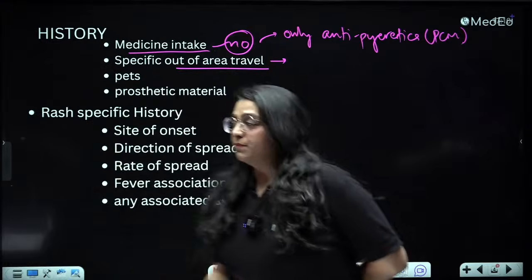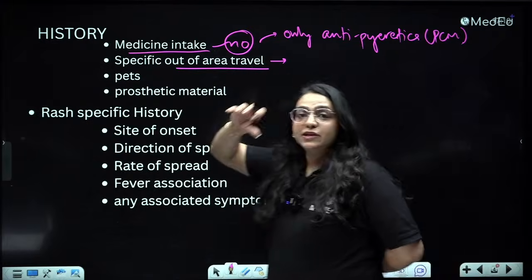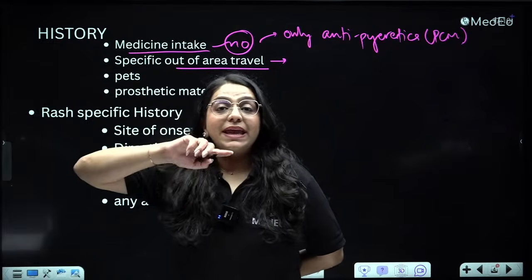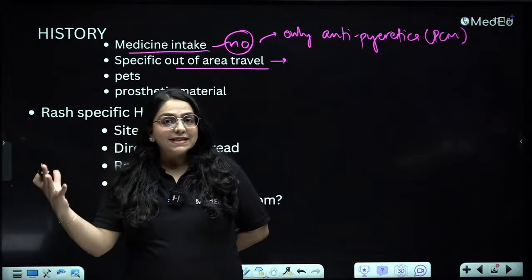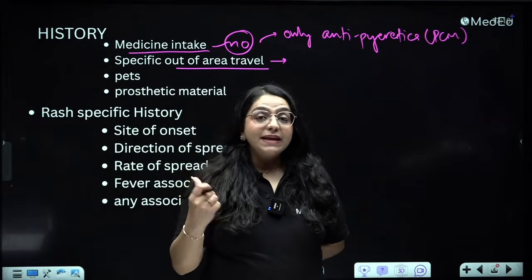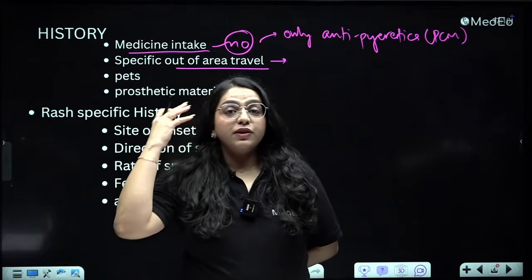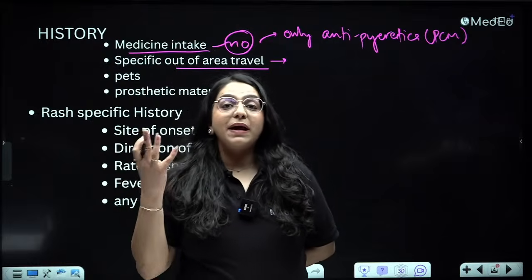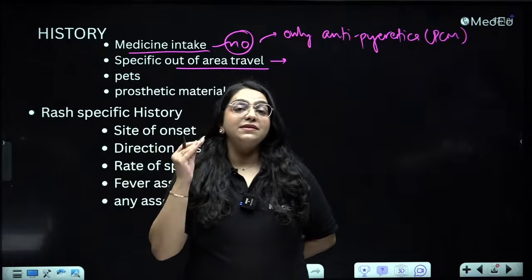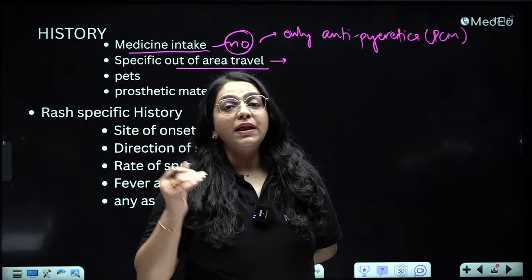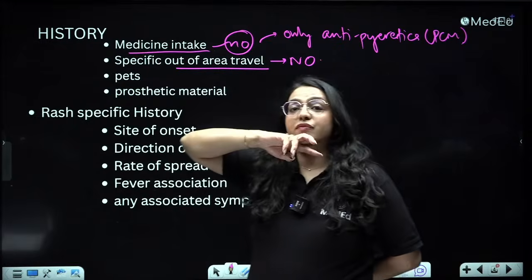So every time we come across a maculopapular rash in a patient, we have to find out if there was any kind of travel to forest areas, because there could be tick bites, mite bites, and we understand that many viral hemorrhagic fevers happen after bites of mosquitoes and ticks, and also important rickettsial illnesses of bacterial origin happen like that. So the mother tells me that no, there is no specific out of area travel.